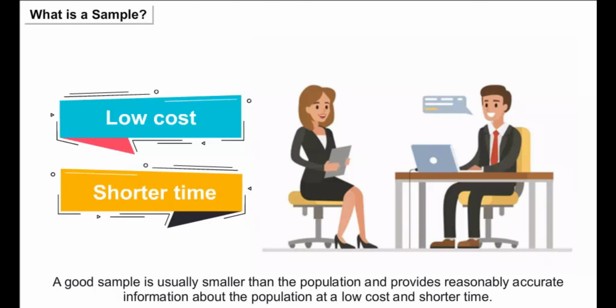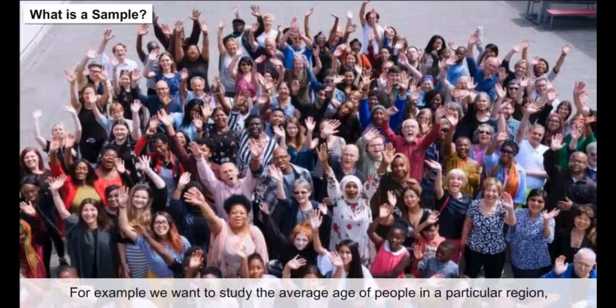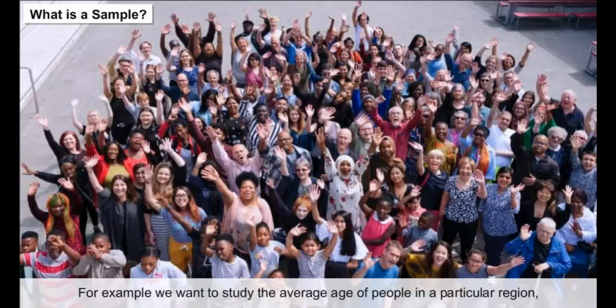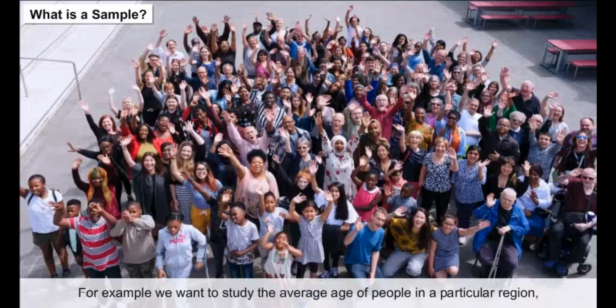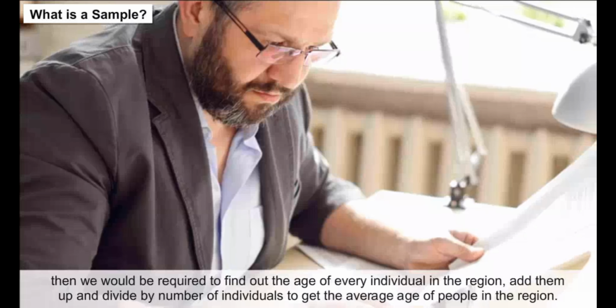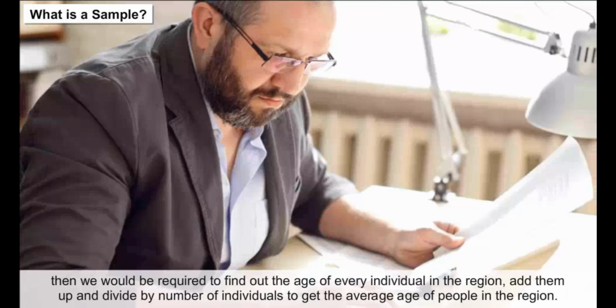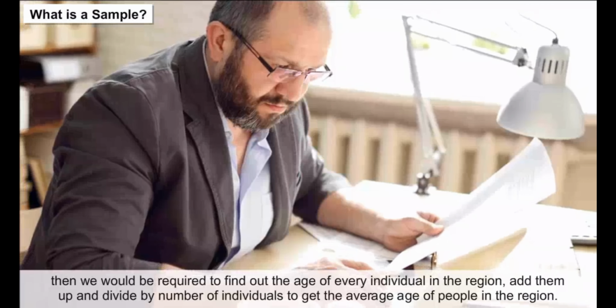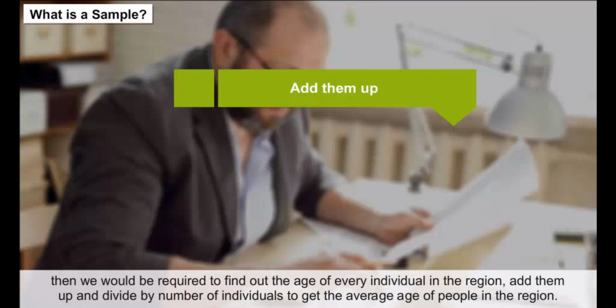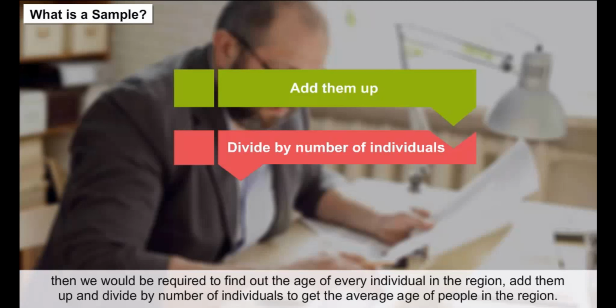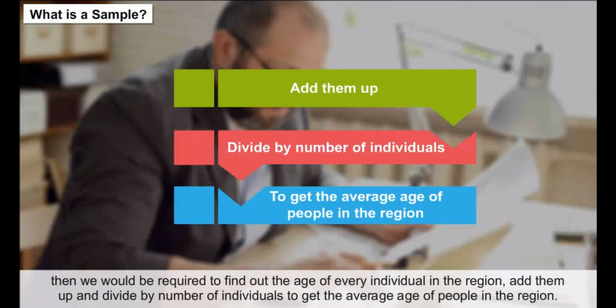cost and shorter time. For example, if we want to study the average age of people in a particular region, we would be required to find out the age of every individual in the region, add them up and divide by the number of individuals to get the average age.